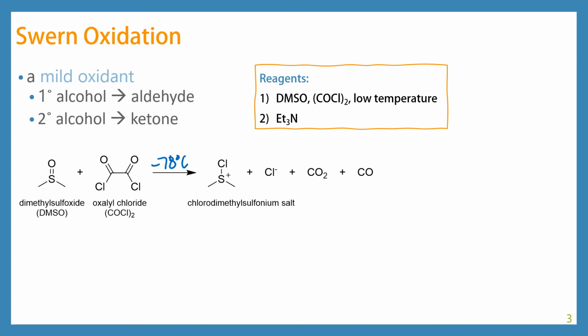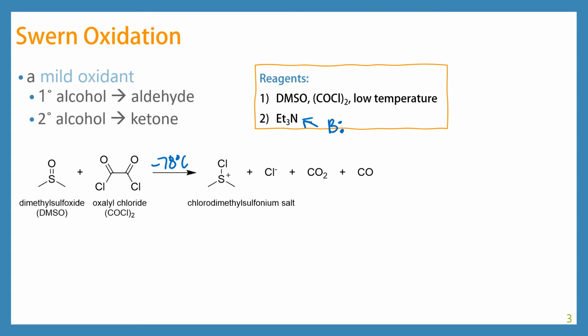And then you're also going to have triethylamine come in later. So triethylamine is going to be that base that gets added in the end so that you can deprotonate and do the elimination. And DMSO and oxalyl chloride are actually going to react together in order to create your leaving group species.